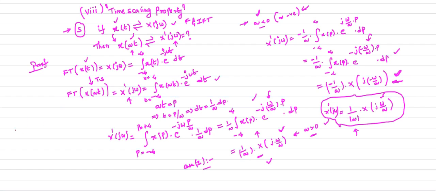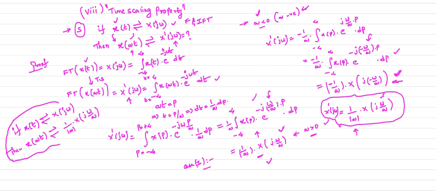The time scaling property: if x of t is a continuous time signal with Fourier transform X of j omega, then the Fourier transform of x of at is equal to 1 by mod a times X of j omega by a.